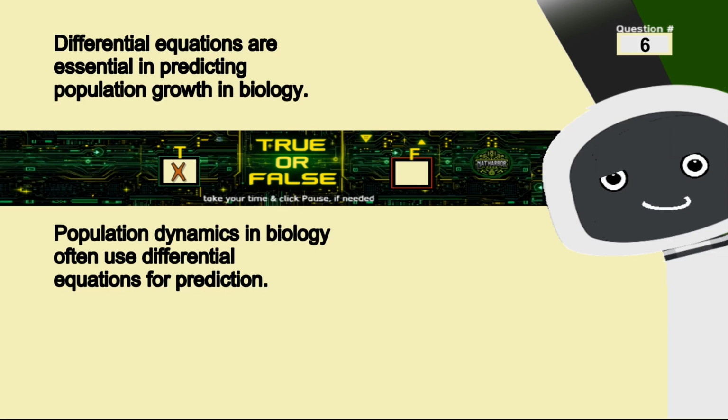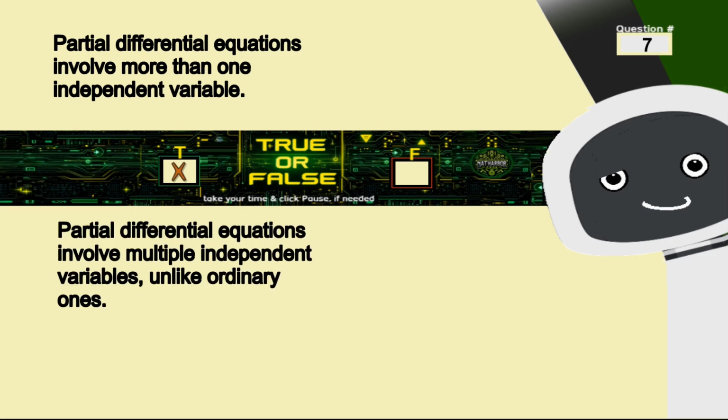That is true. Population dynamics in biology often use differential equations for predictions. True or false? Partial differential equations involve more than one independent variable. That's true. Partial differential equations involve multiple independent variables, unlike ordinary ones.